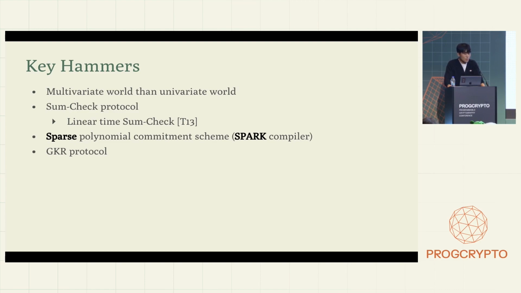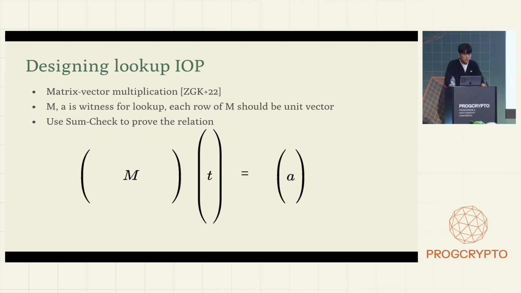The second is to use the sum check protocol in the multivariate setting, and there is a linear-time sum check protocol which is very efficient for proving. The third is a nice tool called the Spark compiler, to handle sparse multilinear polynomials, which was introduced in the Spartan paper. The fourth is the GKR protocol. So let's see how we use this.